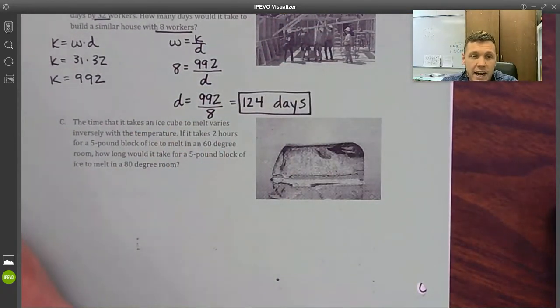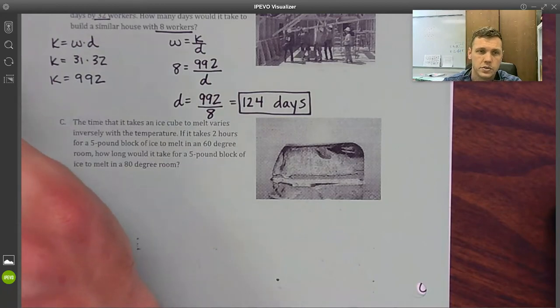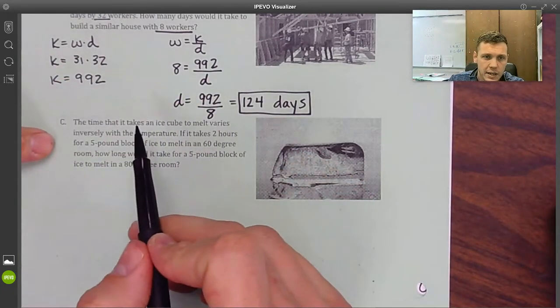The time it takes an ice cube to melt varies inversely with the temperature. Okay, so here we've got time and temperature.